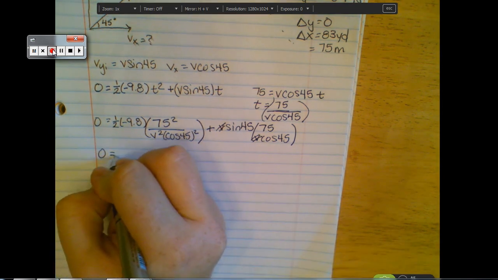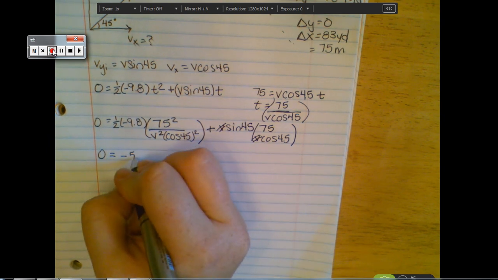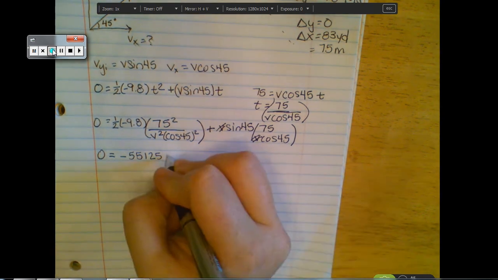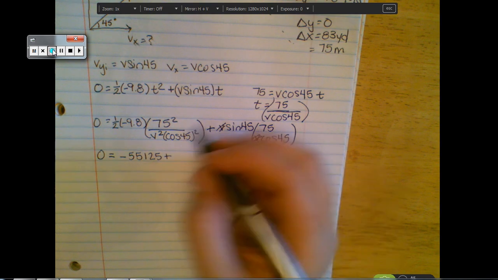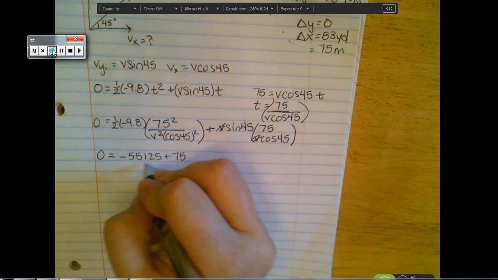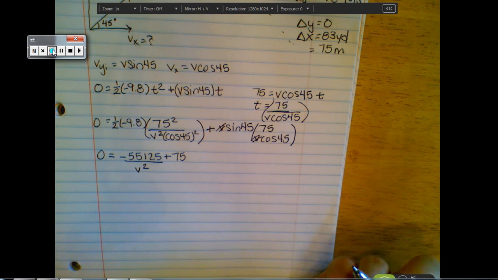So we have 0 equals negative 55,125 plus, now sine over cosine is tangent, tangent of 45 is 1, so this is 75 here. And we can't forget right here I need my V squared in the denominator.